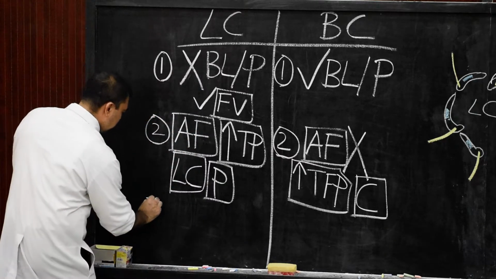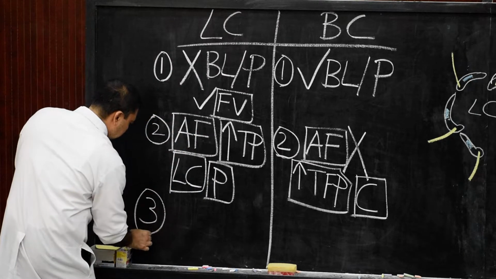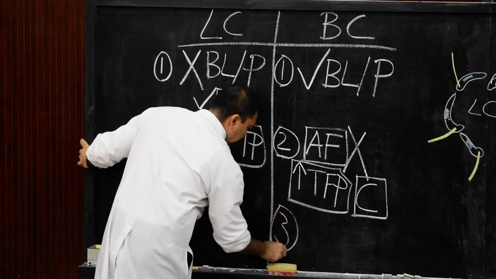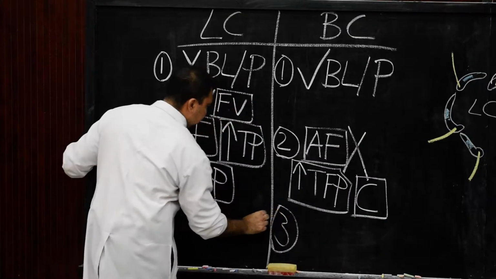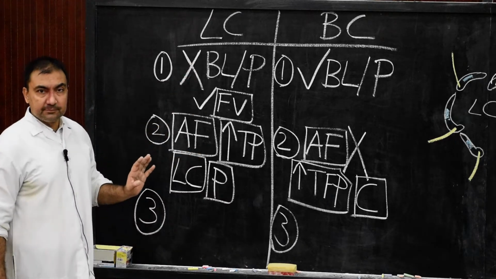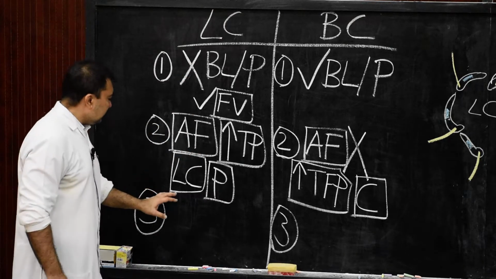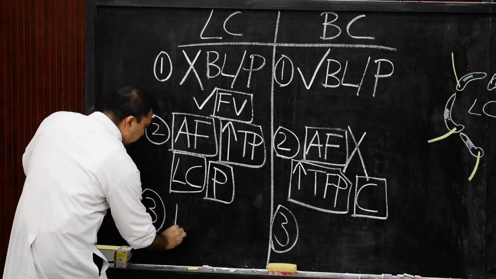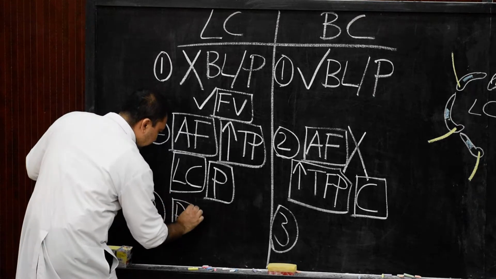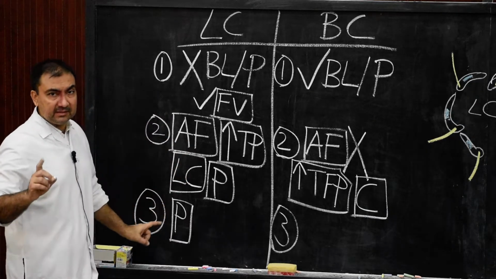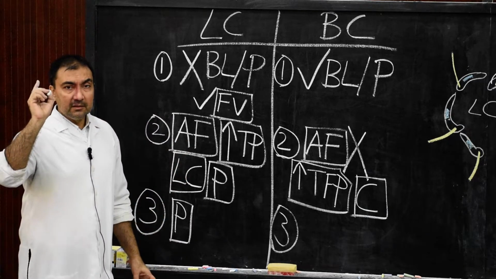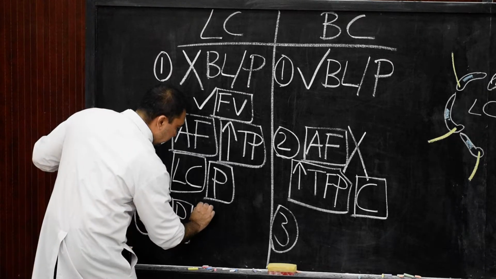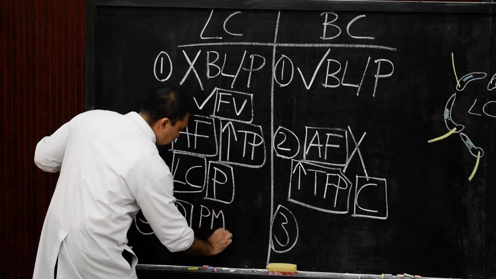Third difference will be, here also I will write down 3, the tissue capillaries, that is the lymph capillaries. These lymph capillaries will permit, what will they permit? Which type of particles can pass through lymph capillaries? It will permit complete passage of, please note down, particulate matter.